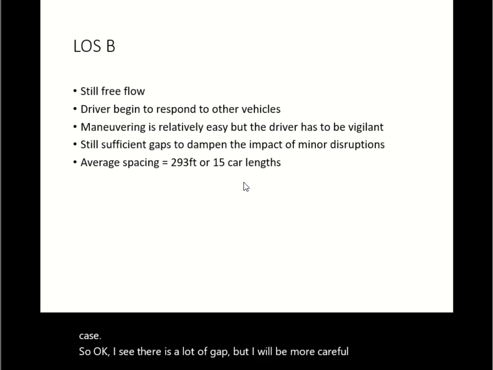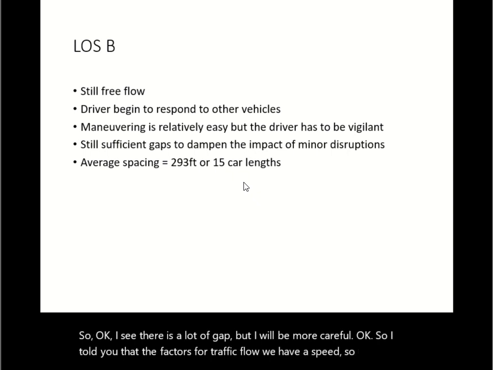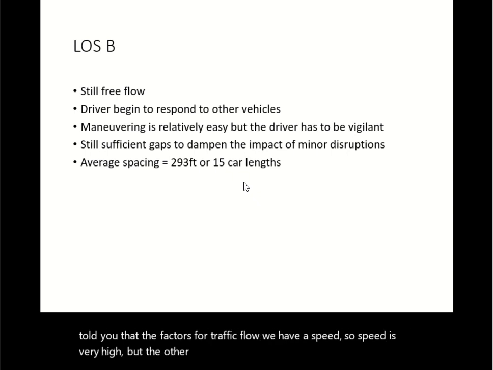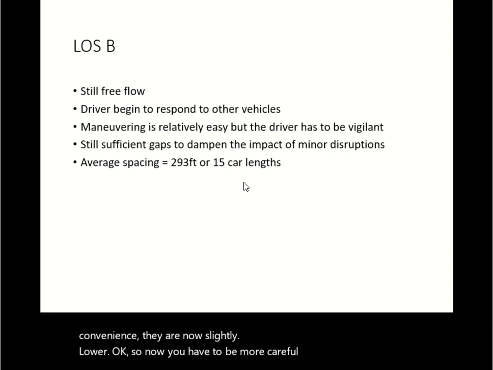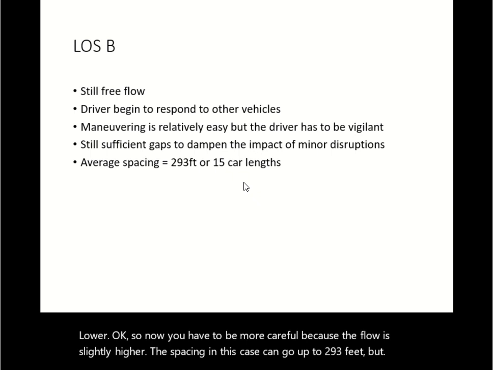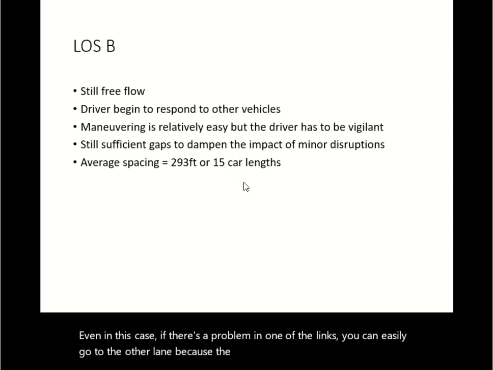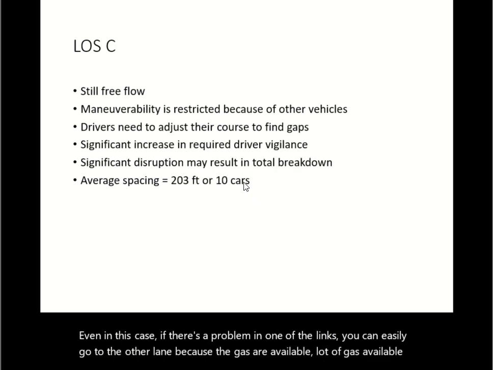For traffic flow factors, speed is very high, but the other factors, freedom to maneuver, comfort, convenience, are now slightly lower. The spacing in this case can go up to 293 feet, but even so, if there's a problem in one of the lanes, you can easily go to the other lane because a lot of gaps are available.